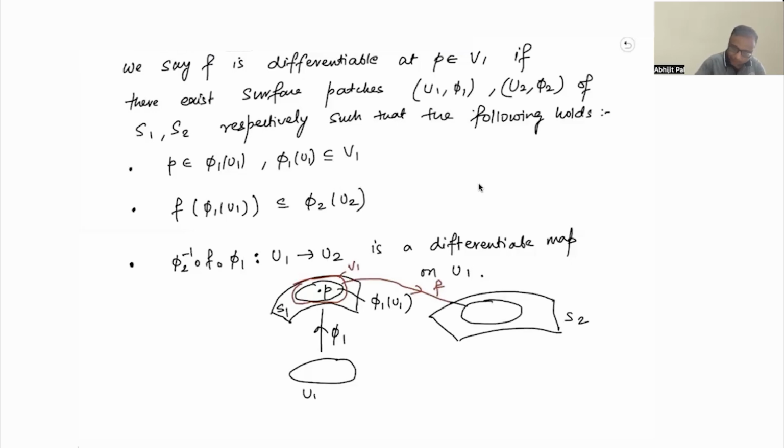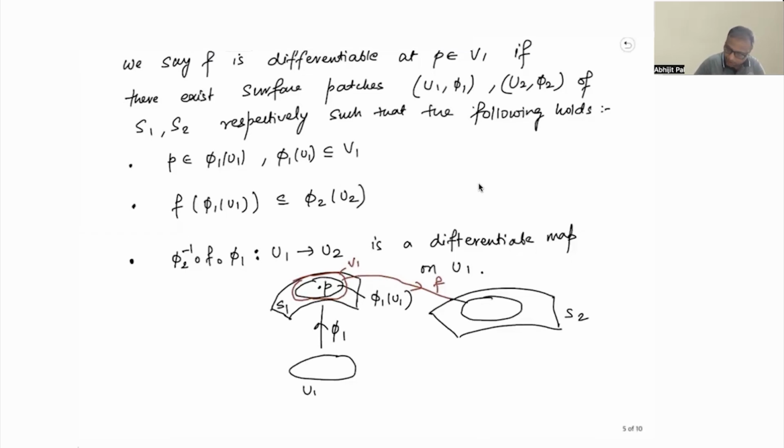So this is f of B1, and inside this you have phi 2 of u2, maybe I can draw it like this.